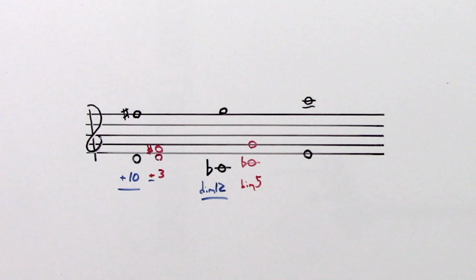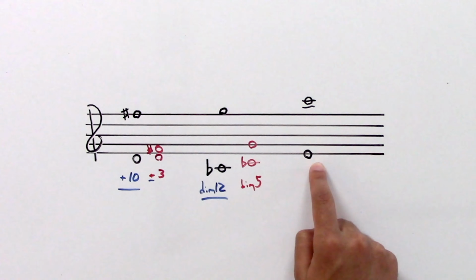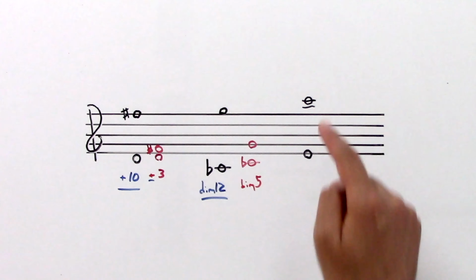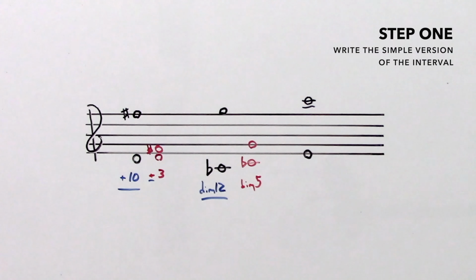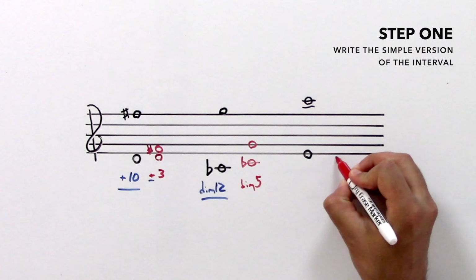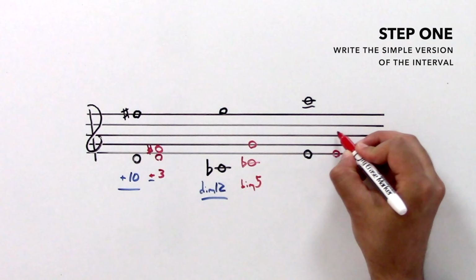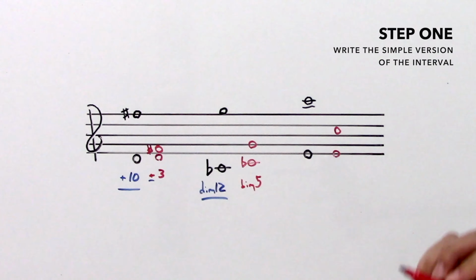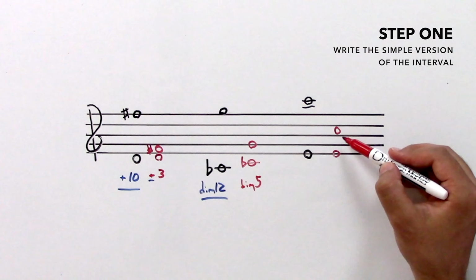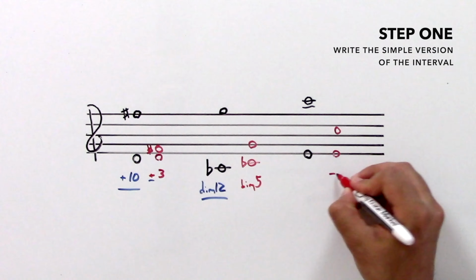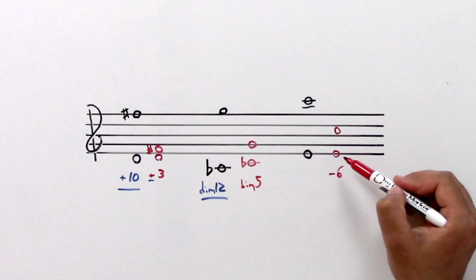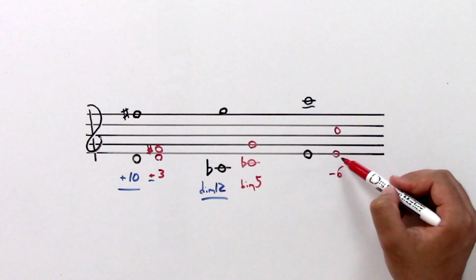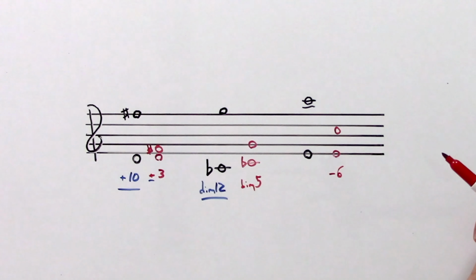And last one, an E natural to a C. Don't waste your time counting. Create the simple version discreetly beside the question. E to C is a minor sixth, because C sharp is the real sixth note of an E major scale, so that's one lower.